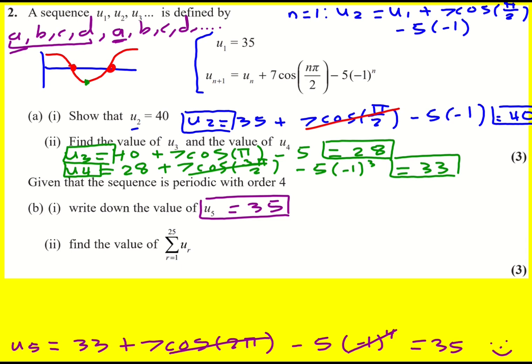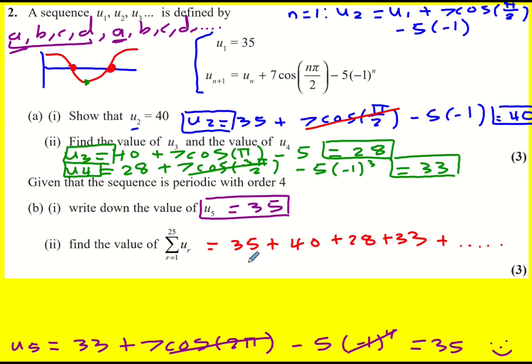And then finally, we're asked to find the value of the first 25 terms. So what we actually have is 35 plus 28 plus, wait, I've missed the 40. 35 plus 40 was the second term, plus 28 plus 33, and then again, and so on.